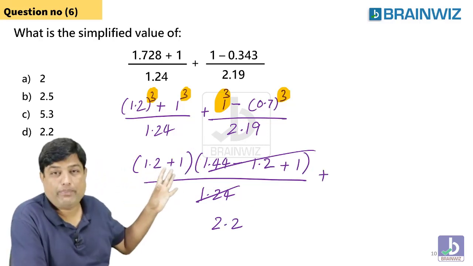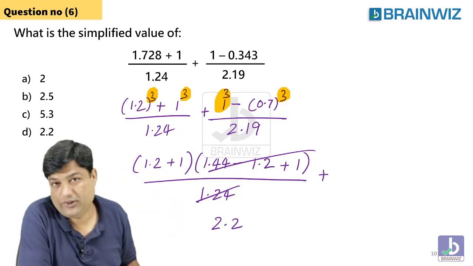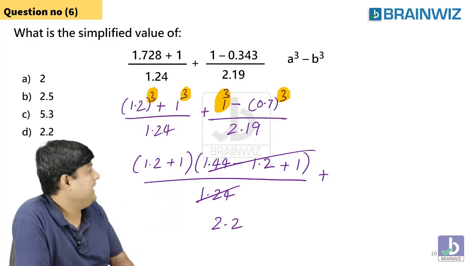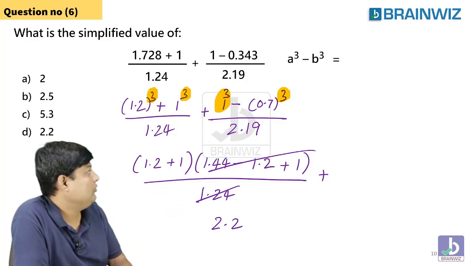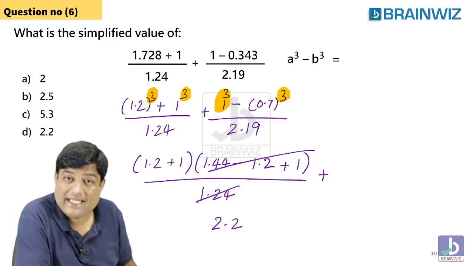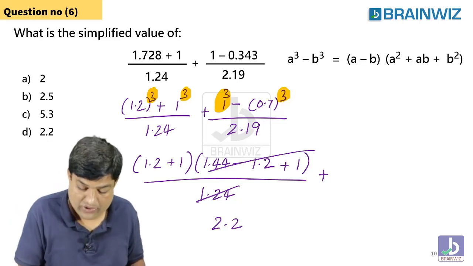Now for the second part, you have a cube minus b cube. So let's apply it. What is a cube minus b cube? It is a minus b into a square plus ab plus b square. Are you understanding, everybody? Chaliye.